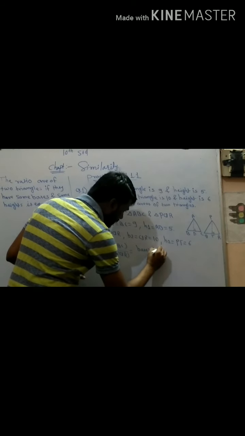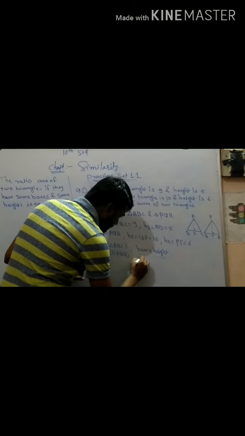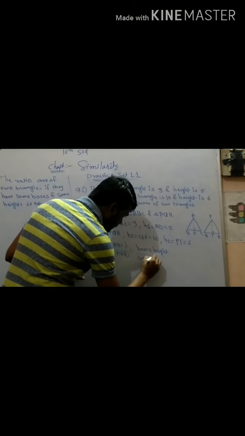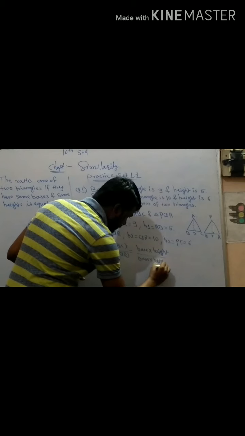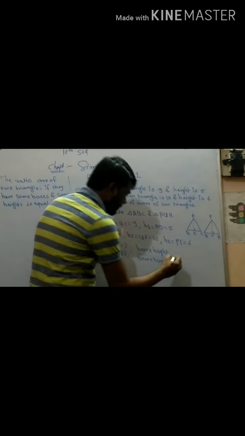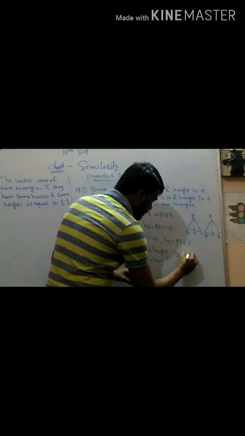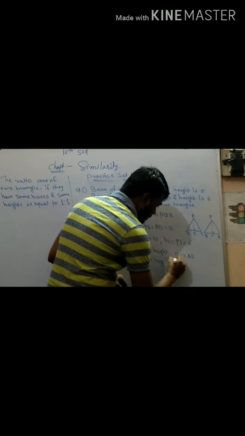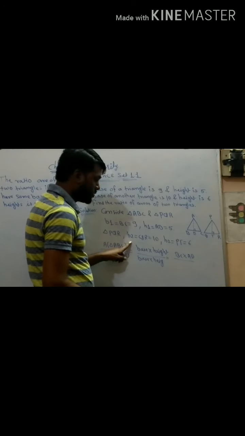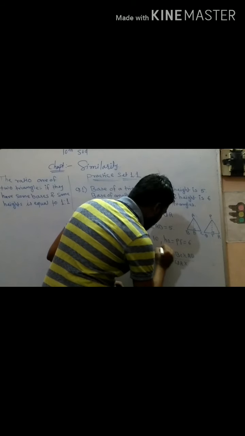We already know 1/2 and 1/2 are the same. So the formula is base into height. You can also write B1 into H1 upon B2 into H2. So here I write BC into AD, then QR into PT.